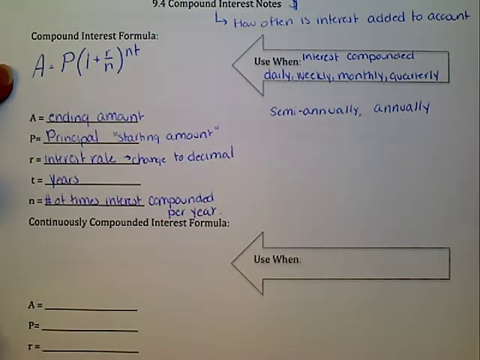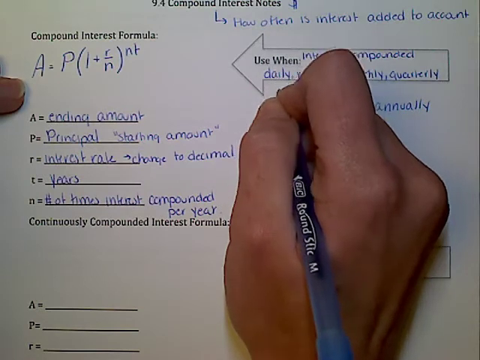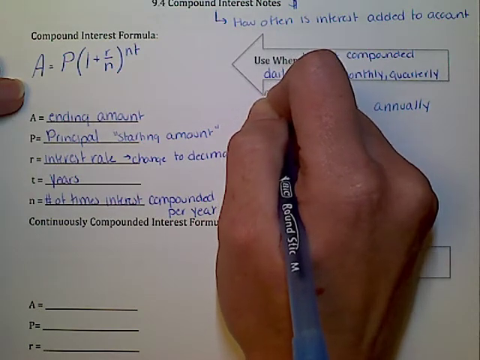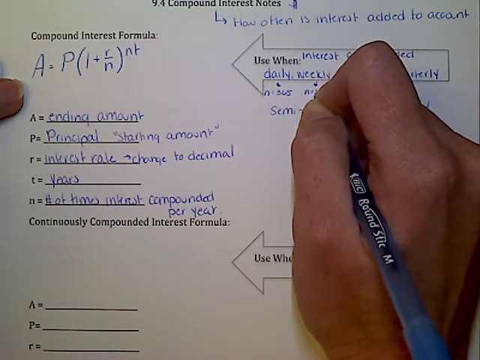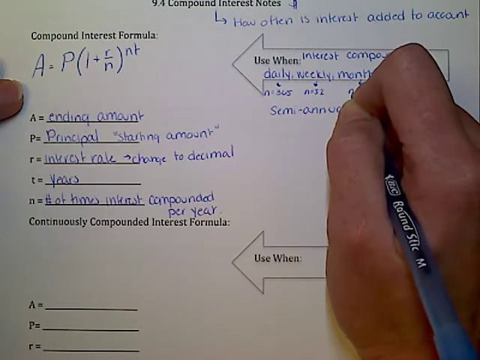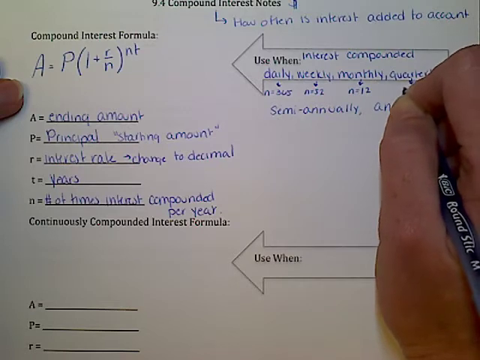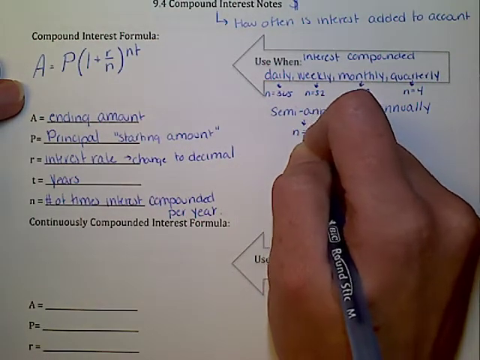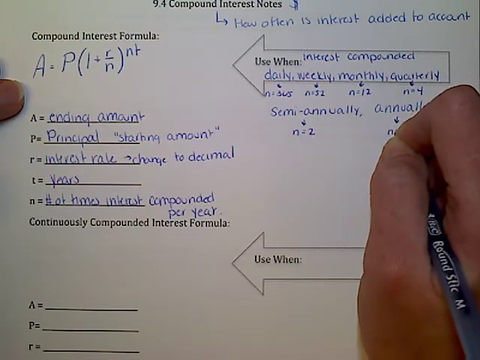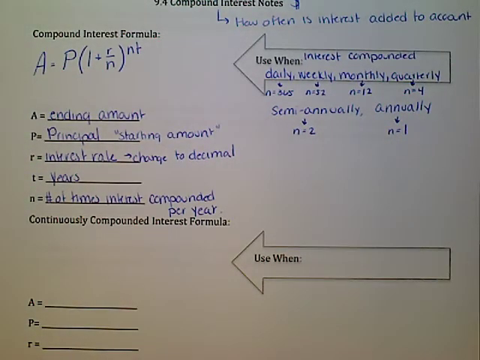So when we say that the interest is compounded daily, that means that N will be 365. Weekly means N is 52. Monthly means that N is 12. Quarterly means N is 4. Semi-annually, that's twice a year, that means N is 2. Annually, N is 1. Alright, so that's just referring to how often a portion, not all of the interest, but a portion of the interest is added into your account.